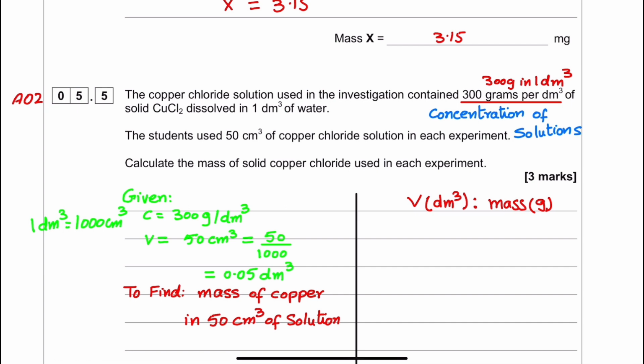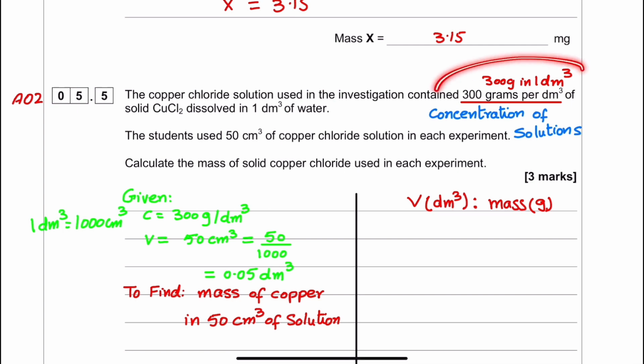The question is, calculate the mass of solid copper chloride used in each experiment. So we need to find the mass which is used in 50 cm cube solution. The quantities are the volume and the mass of the copper chloride dissolved.